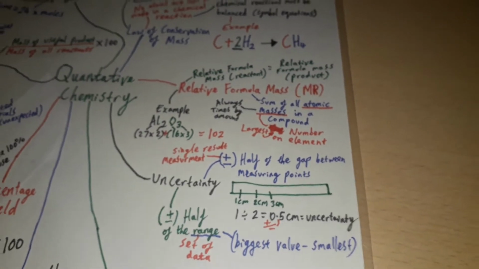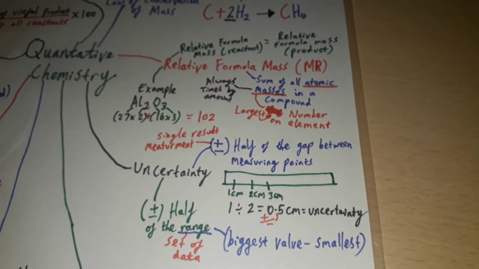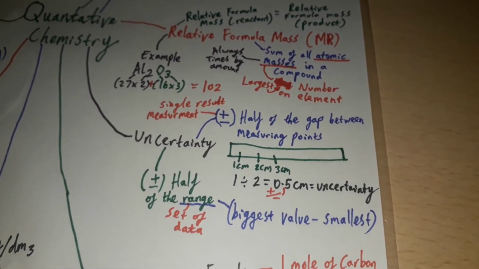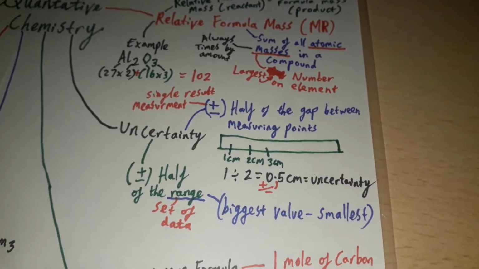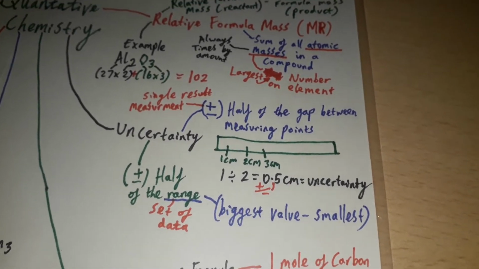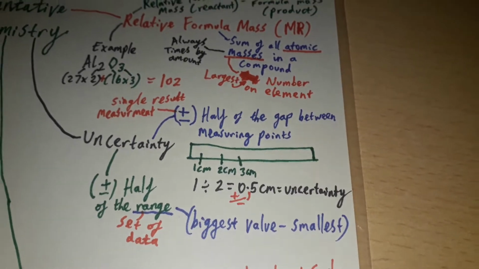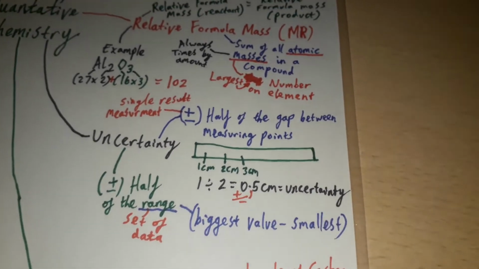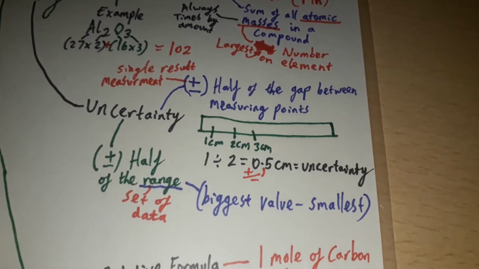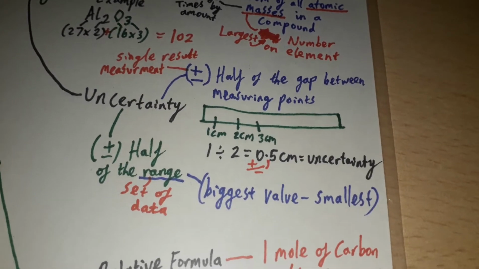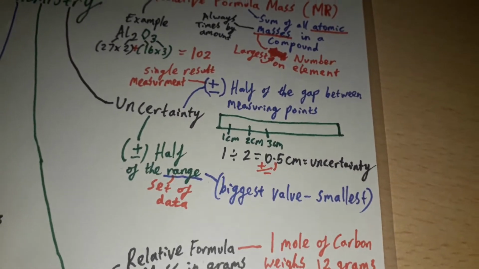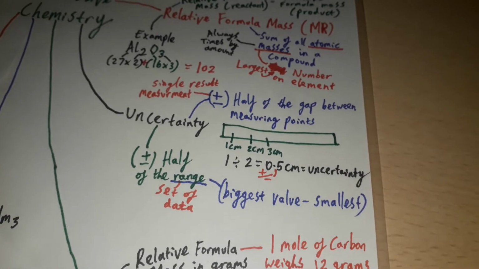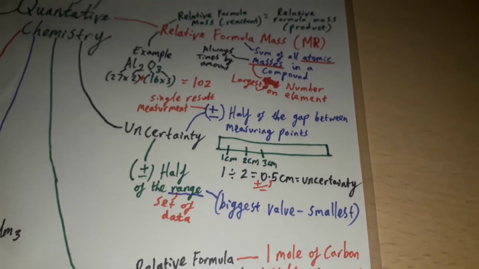So there's 1 centimeter between every point. And because of this, we take half of it. So we do 1 divided by 2 equals 0.5. So plus or minus 0.5 equals the uncertainty. And this is because if we're taking a reading off here, we're rounding it up to the nearest 1, basically. So it could be 0.5 off because we're not taking into account those smaller values.